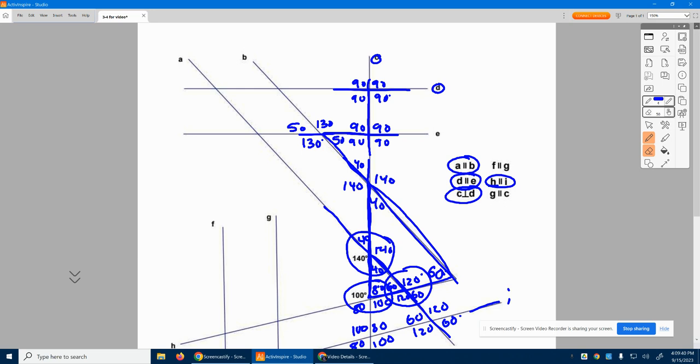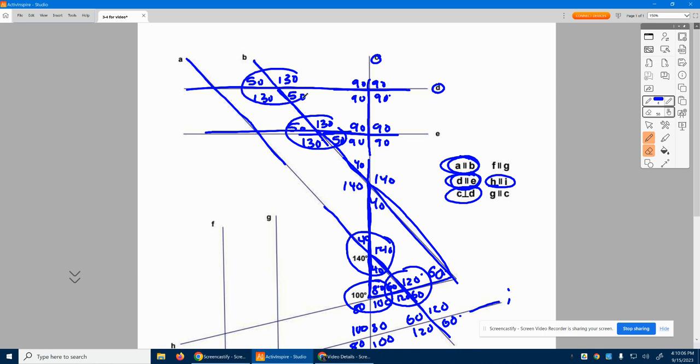Now, we have D and E are parallel there and there. So these can slide up and go right in here at 50, 130, 130, 50. All right. Also, A and B are parallel according to this.